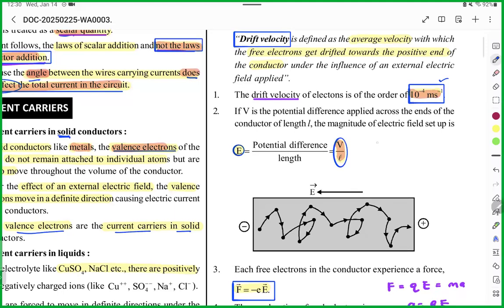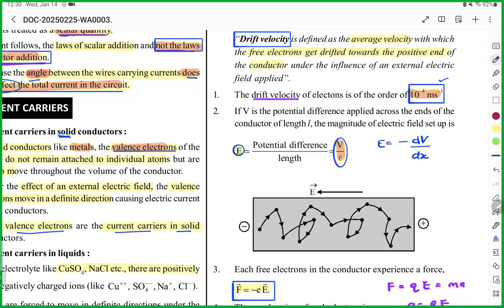What is the real formula from the last chapter in terms of potential and distance? Minus dV by dx. Yes or no? Yes, minus dV by dx.